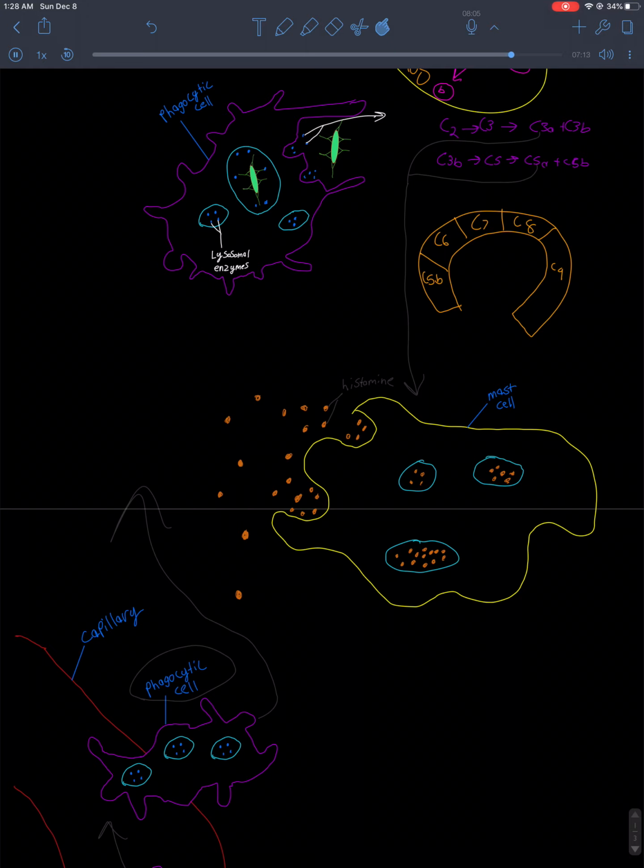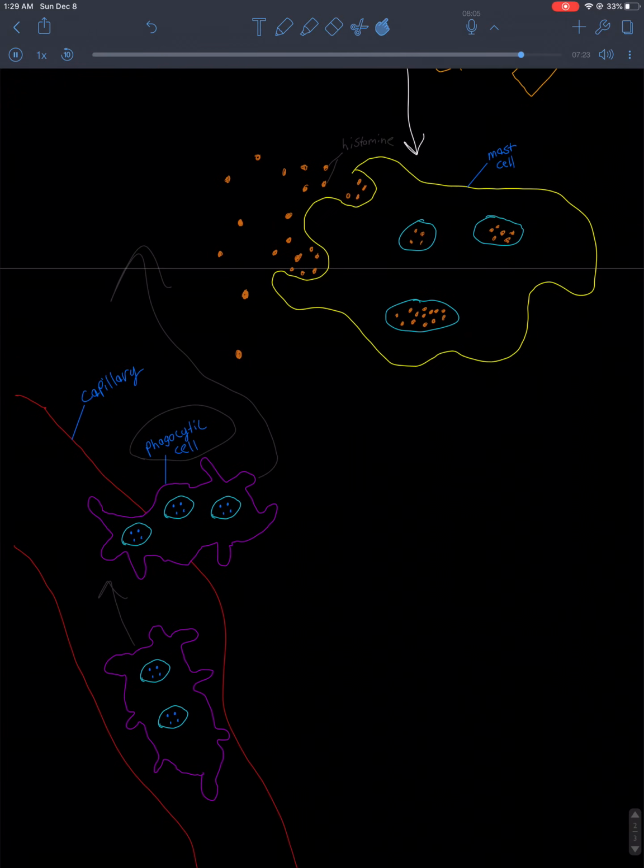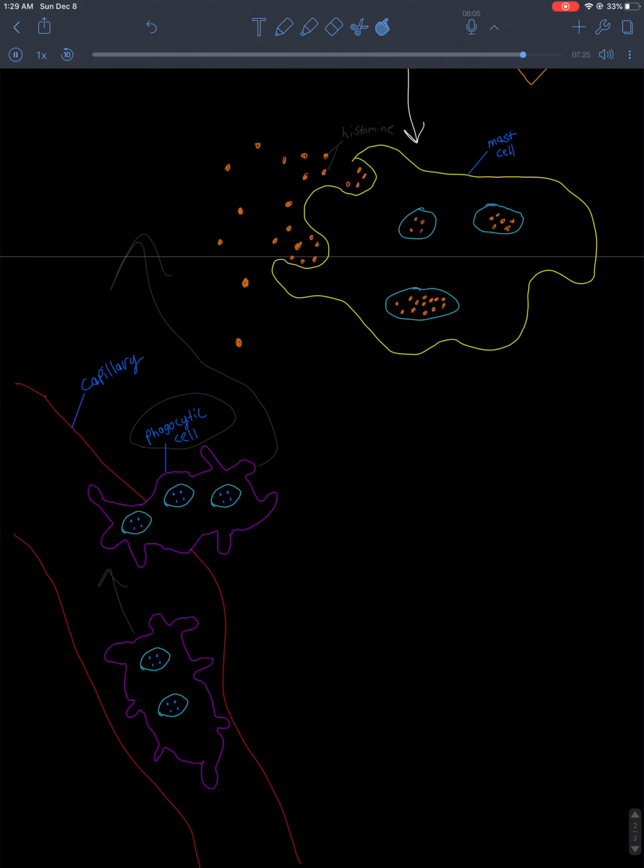As mentioned earlier, C3A and C5A act as chemokines, but they can also stimulate mast cells. Once the mast cell has been stimulated, it is going to be releasing histamine. And this histamine will basically cause dilation of the capillaries and blood vessels and increase the permeability of the capillaries.